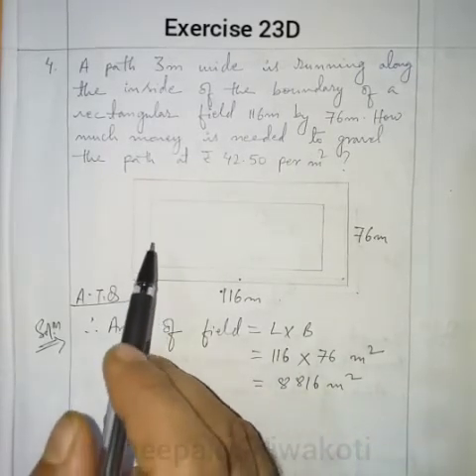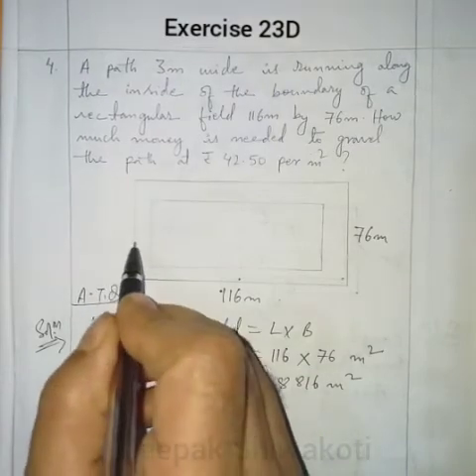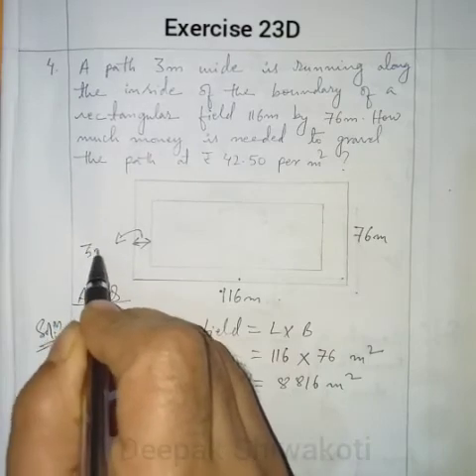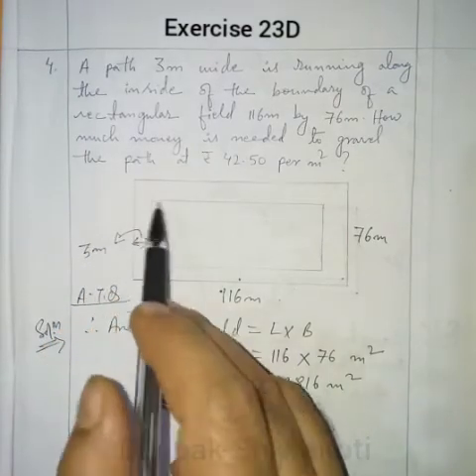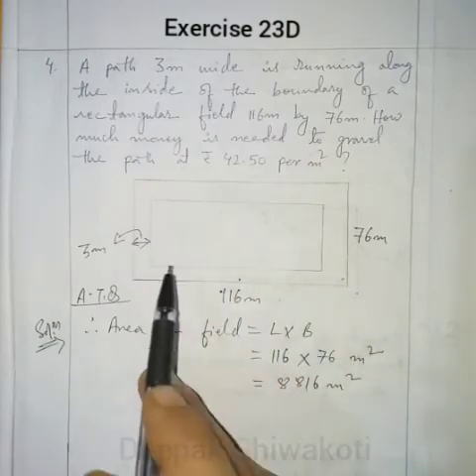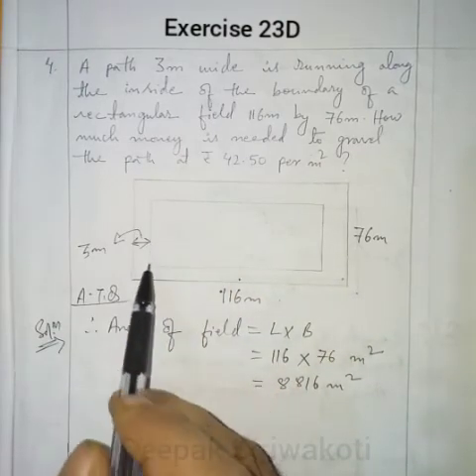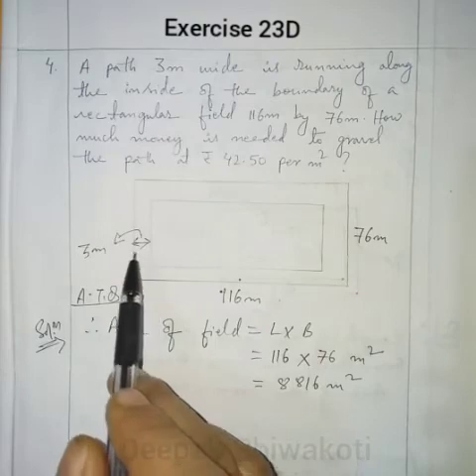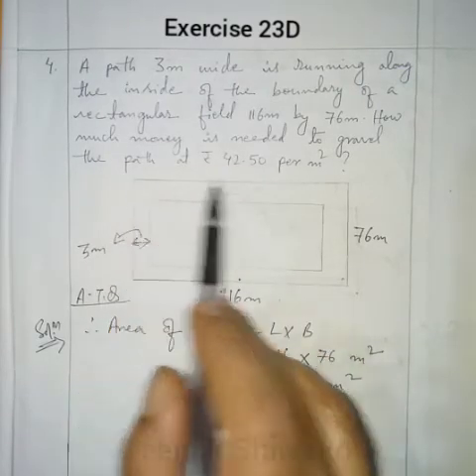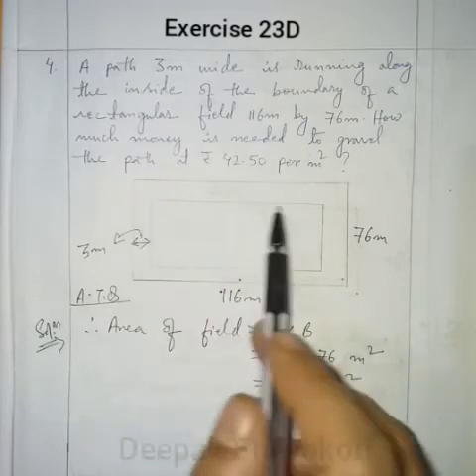Now this 3 meter wide path is running along inside the rectangular field. So the length is decreased here by 3 meter, this side also, this length is decreased by 3 meter from this side and this side.